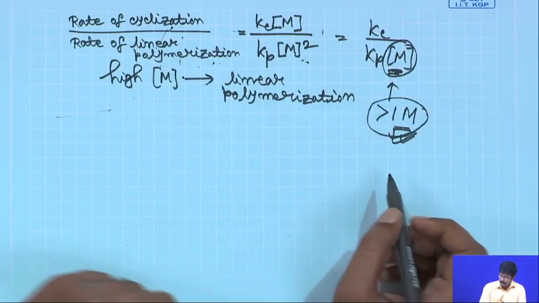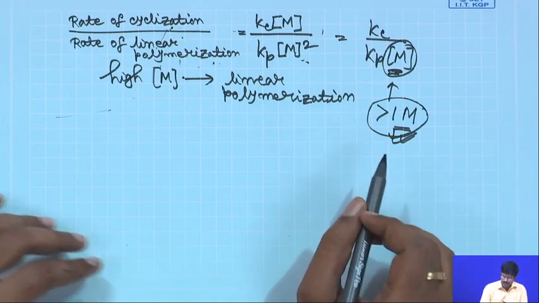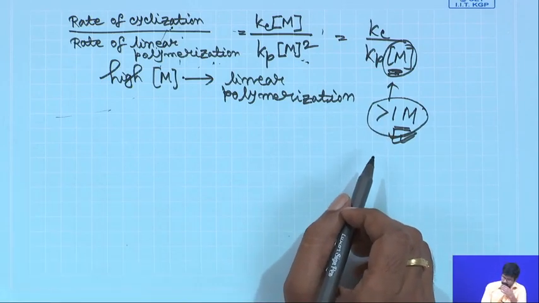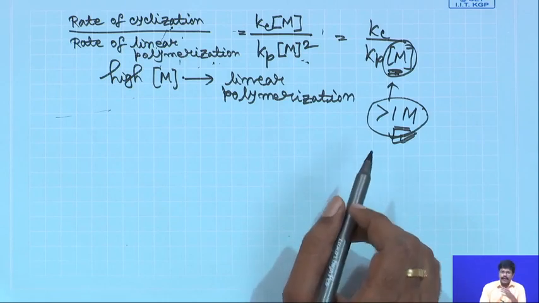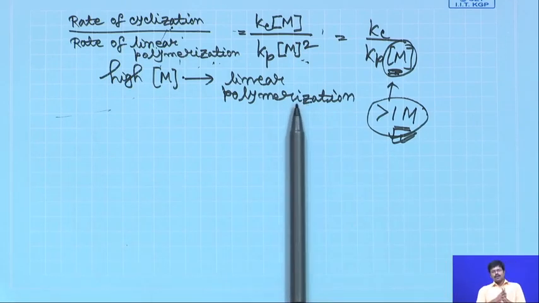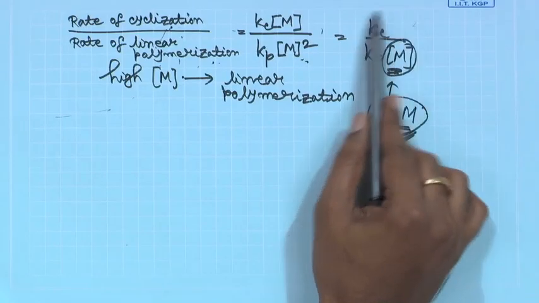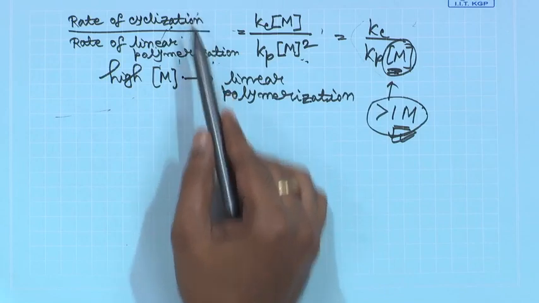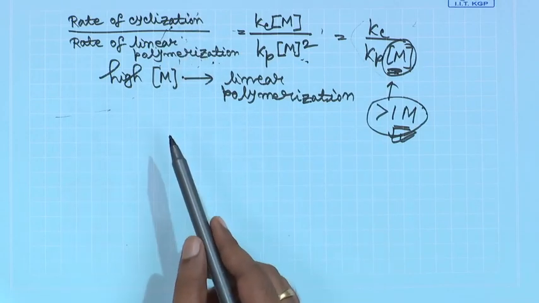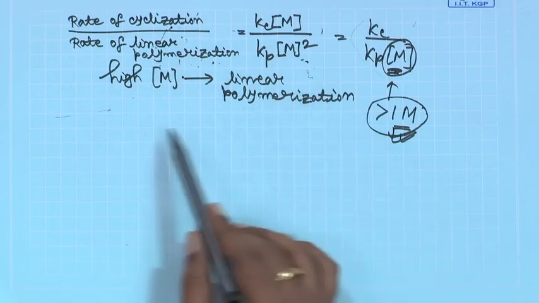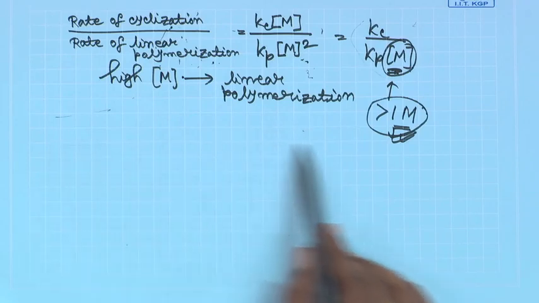And something else that I also wanted to mention is that as the reaction progresses, your monomer concentration will drop. So, when the monomer concentration drops, this expression tells you that cyclization may be favored over linear polymerization. However, as the reaction progresses, the chain becomes longer and longer.